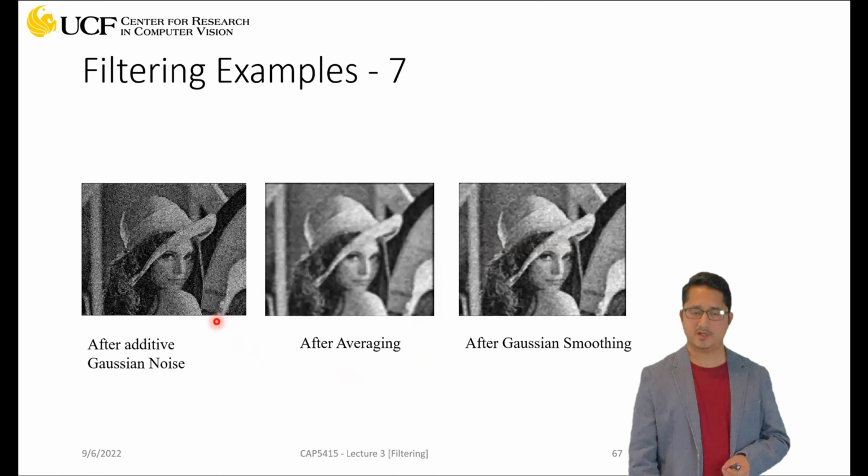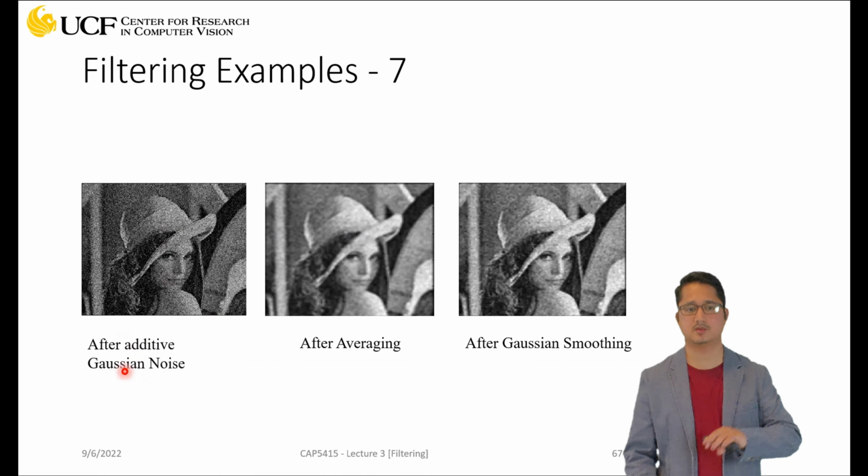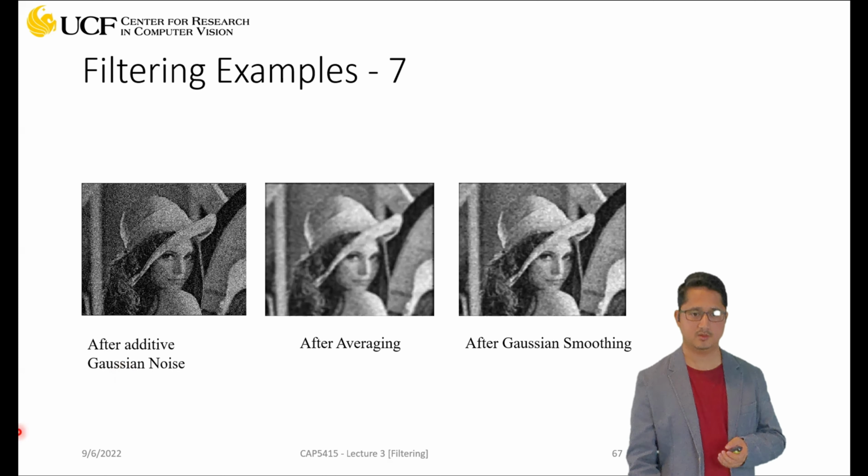Now let's try to understand what will happen if we have noise in our image. Okay, so to the original image which I showed you earlier, we add some additive Gaussian noise, and don't confuse this Gaussian noise with the Gaussian filter. Gaussian noise is something which we discussed earlier in the lecture. Again, it comes from a Gaussian distribution, but we are adding those values as noise.